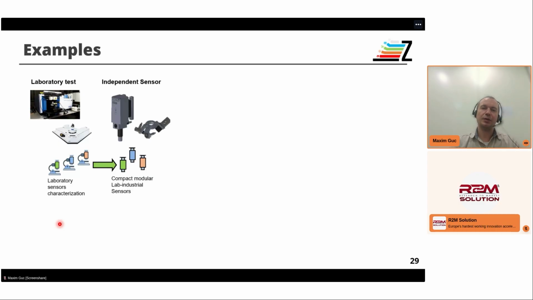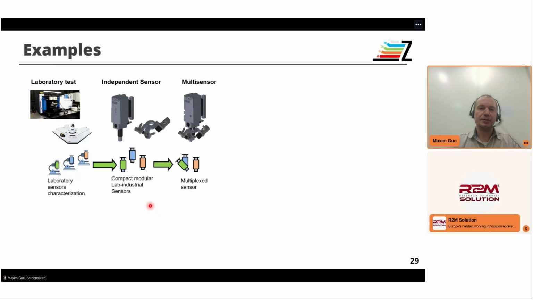And then we were thinking a lot about how to optimize these laboratory systems, to make them compact and industry friendly, in order to install them inside the industrial production processes. So we spent quite a lot of time in order to identify the optimal elements that allow us to make the sensors more compact, more robust, more stable, but really focused on the needs of the specific production processes.